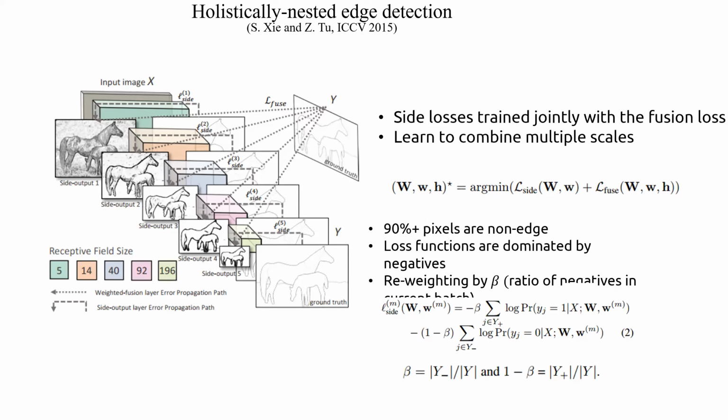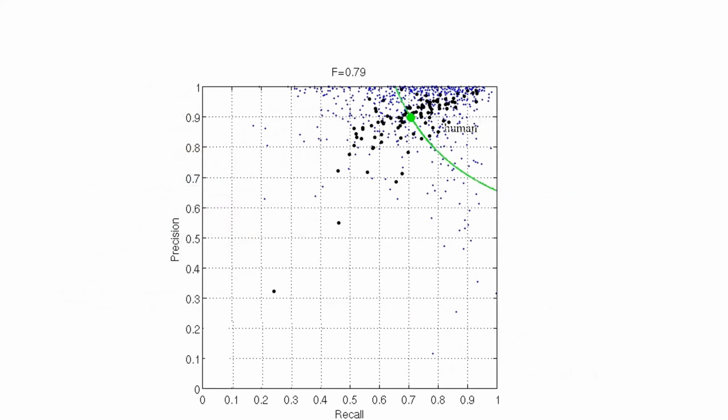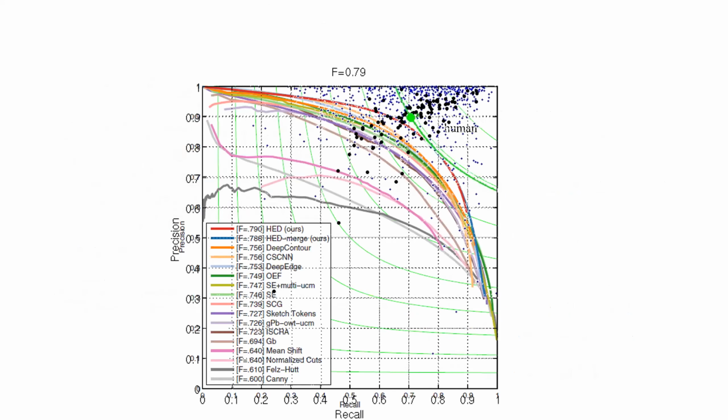Then in the end, you combine them to produce something that approaches human-level performance. This benefited a lot from the Berkeley benchmark, and our method was getting close to human-level performance on this data set. Each dot here represents one single person, so we can see people are different, but to some degree, people are also consistent.